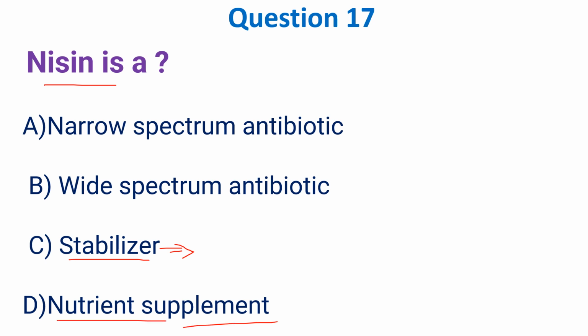Nutrient supplements are any dietary supplement that is intended to provide nutrition that would otherwise not be consumed in sufficient quantity, for example vitamins, minerals, protein, amino acids and other nutrients, usually ingested in capsule or liquid form. The answer to this question is B. Wide-spectrum antibiotic.